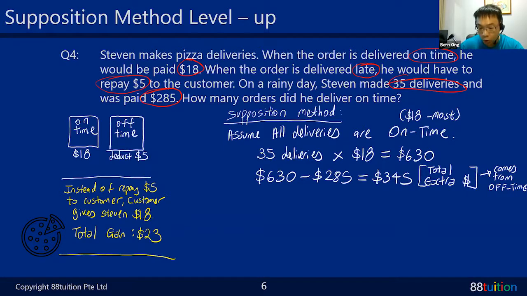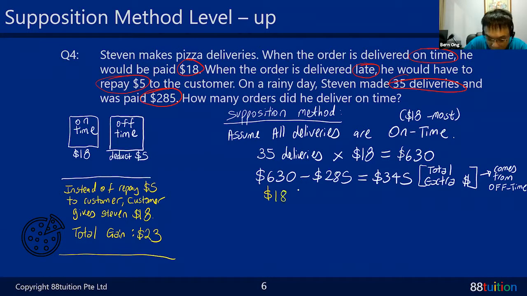So this 345 is extra coming from the off-time. So now you compare the off-time. Instead of minusing my $5, customer give me 18. So I actually gain $23. So down here, you need to have this extra step here.